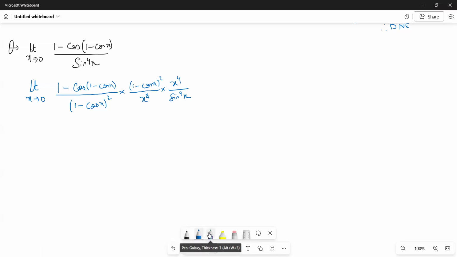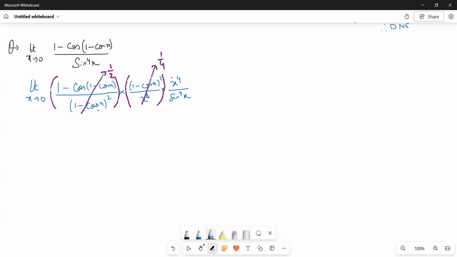Yes, sir. Okay. So now 1 minus cos of something by that something square, as that something tends to 0. As x tends to 0, cos x will tend to 1, and 1 minus 1 is 0. What will be the value of this? So this would be half, 1 minus cos x by x square, whole square. So this would be half whole square, which is 1 by 4.